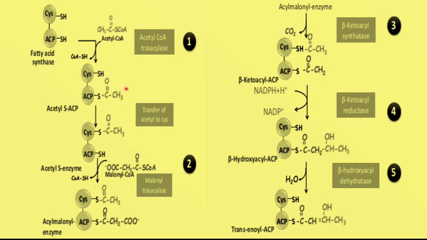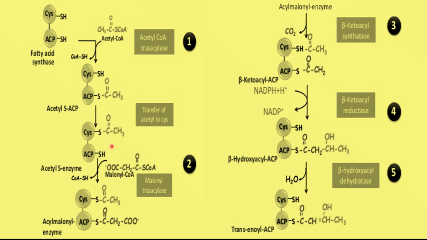Okay. So in the second step, this transfer of the aceto group takes place from here to the cysteine thiol group so as to empty this site. So what is happening? The transfer of this group from here to this cysteine thiol group.